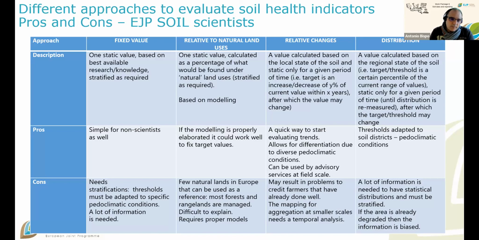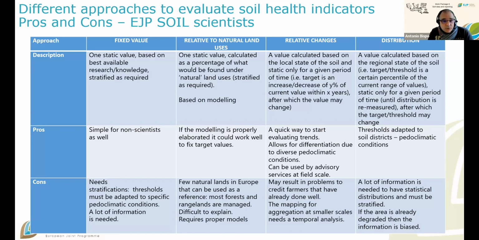Of course, one problem is that if you have done very well, if you already reach the target, then it will be difficult for you to improve. And if you want to make aggregations and maps, then because you have a temporal analysis, you will need to consider that variation in time.